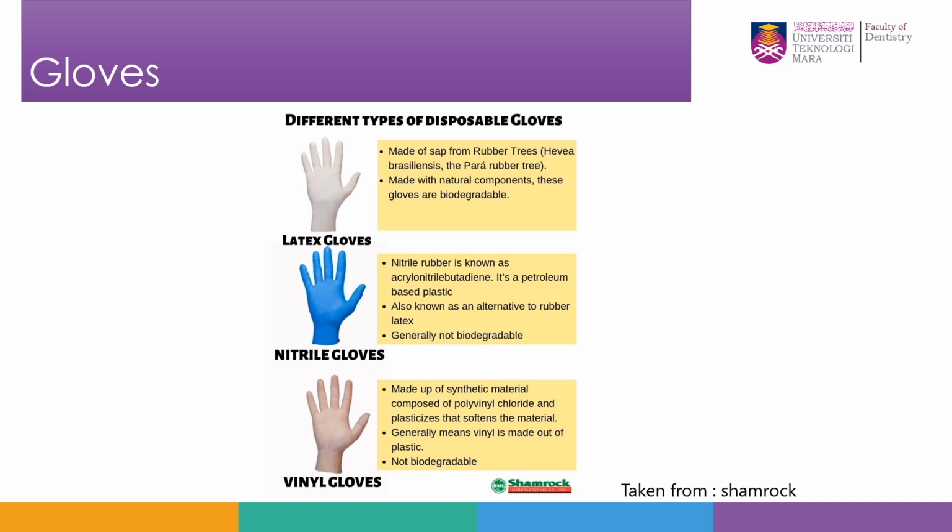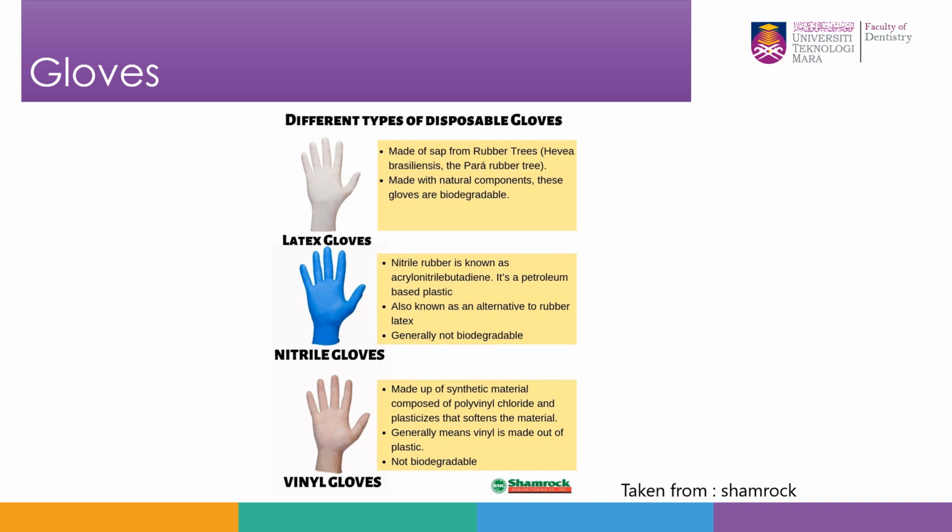So we have latex gloves, nitrile gloves, and vinyl gloves. Vinyl, normally you don't really see them because they are see-through. Latex gloves are made of sap from the rubber trees, which mainly comes from Malaysia. They are made of natural components, and some of these gloves are biodegradable.